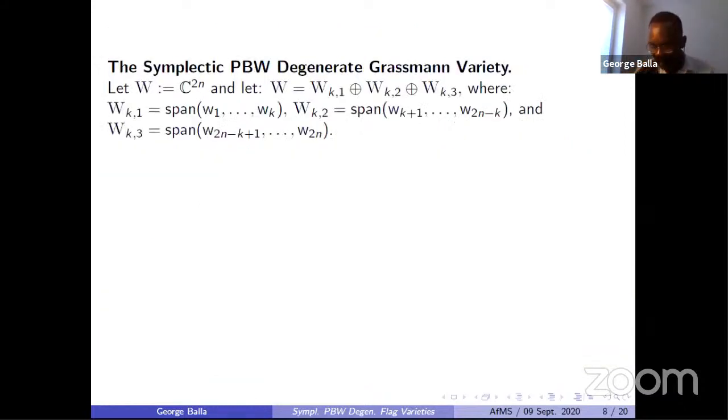But as we know, the building blocks for flag varieties are Grassmannians. So in our case, we need to understand what symplectic PBW degenerate Grassmann varieties are.